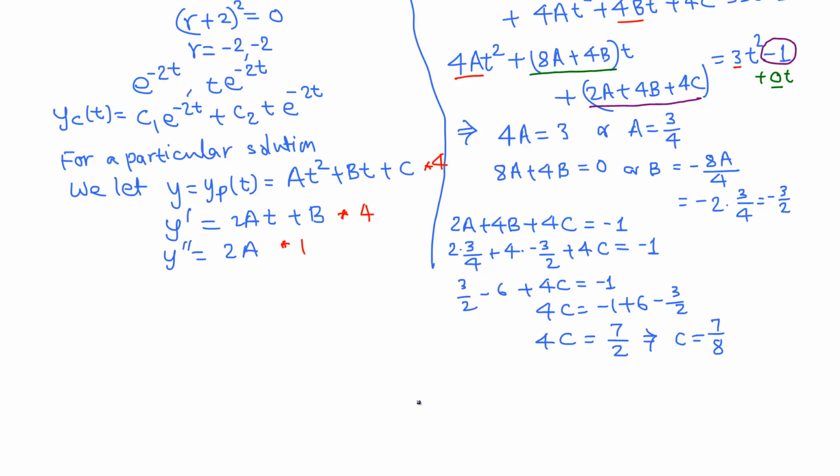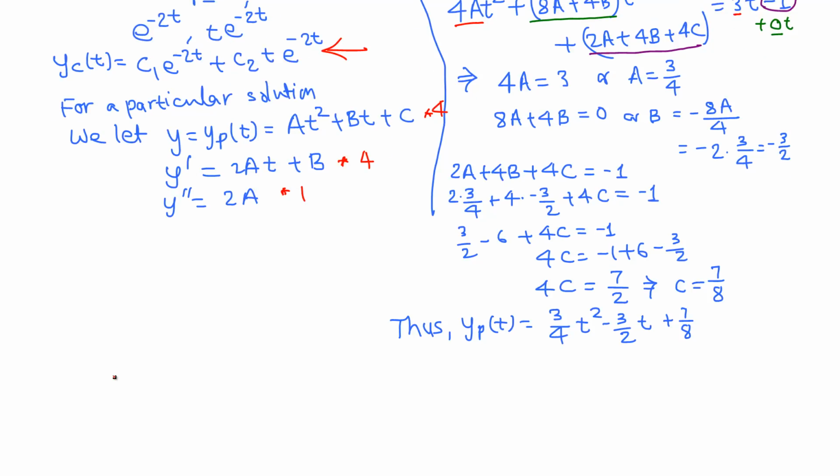So from this we can find a particular solution yp, which was At squared plus Bt plus C. So 3/4 t squared plus Bt, B is negative 3/2, plus C, 7/8. And this is yp, to be added to yc found earlier. The sum of yc and yp gives the general solution.